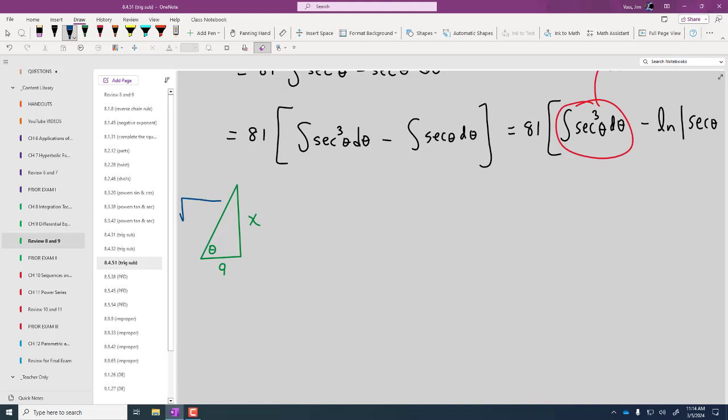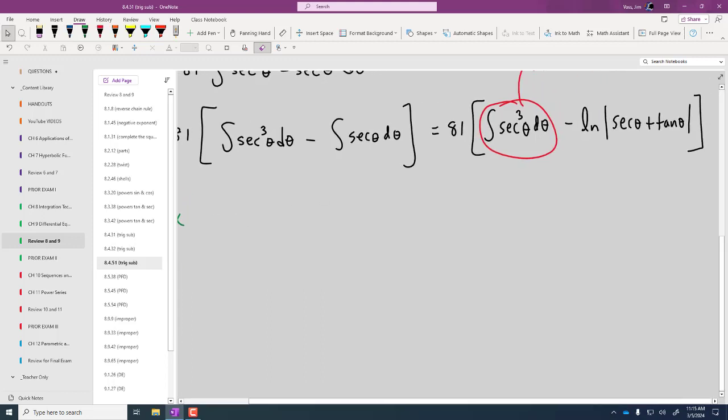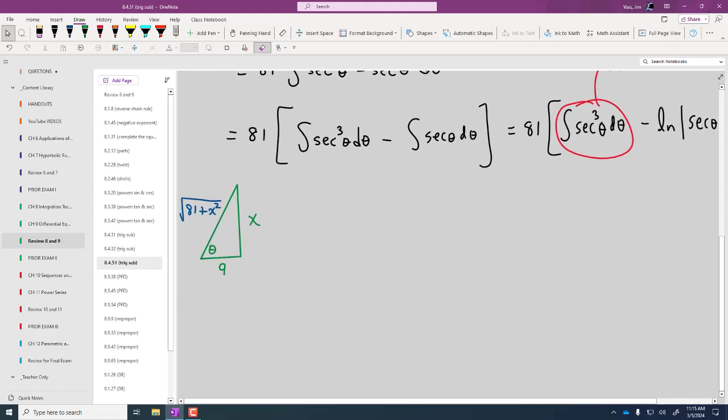The square root of 81 plus x squared. Exactly. So when we look over here, where we have this secant plus tangent that has to get replaced, tangent is of course x over 9, but secant is going to be the square root expression over 9. That'll be secant. So that's how you could finish it off.